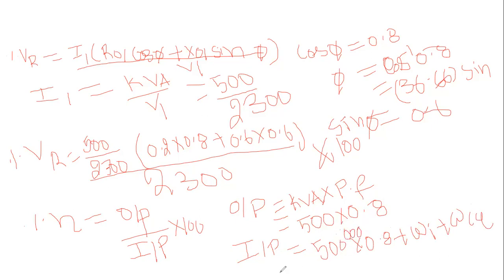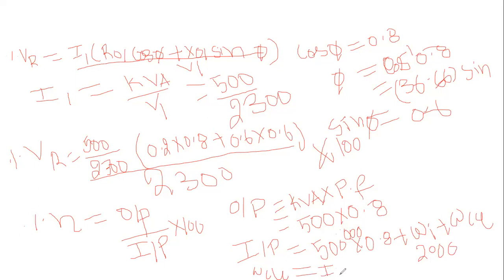What is Wi in this problem? That is 2 kilowatts, so 2 kilo means 2000, plus the copper losses. How will we calculate Wcu? The formula is I1 square into R01.